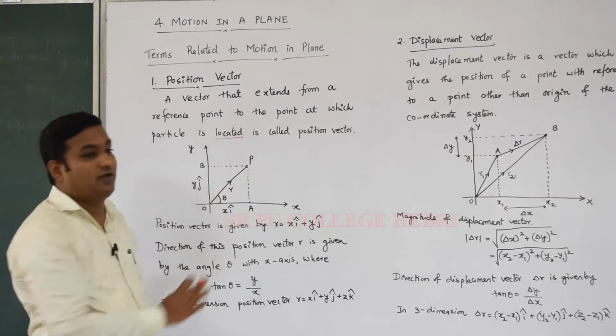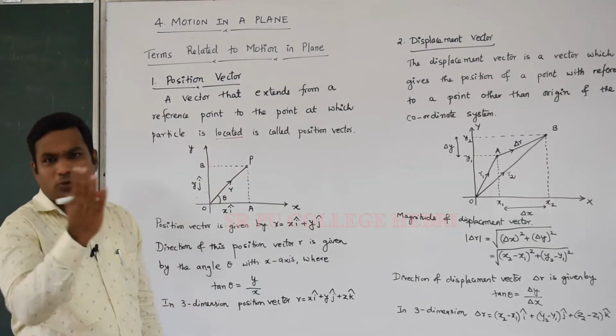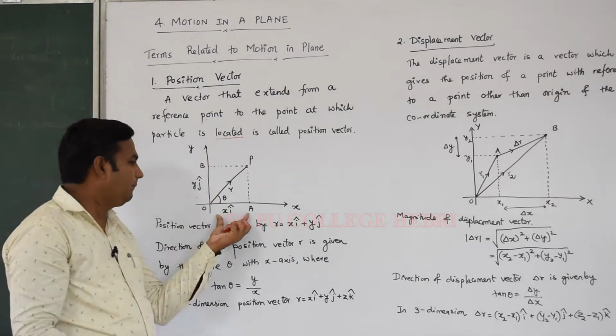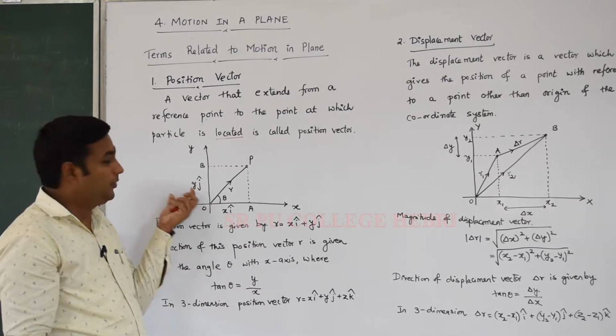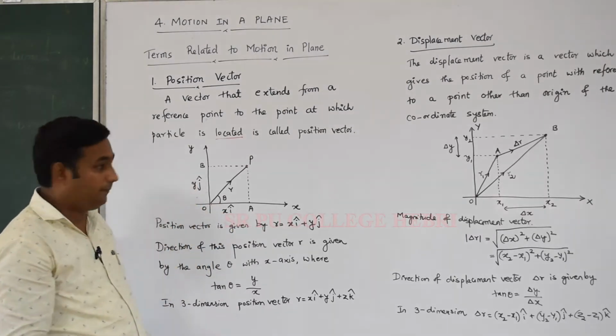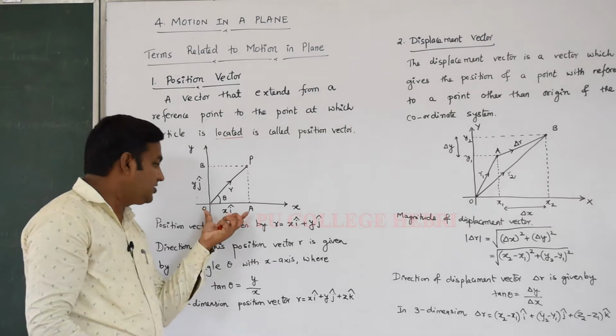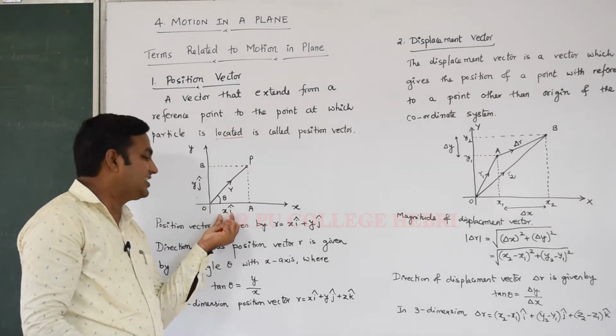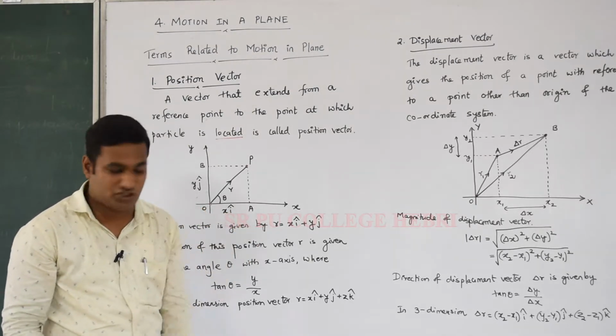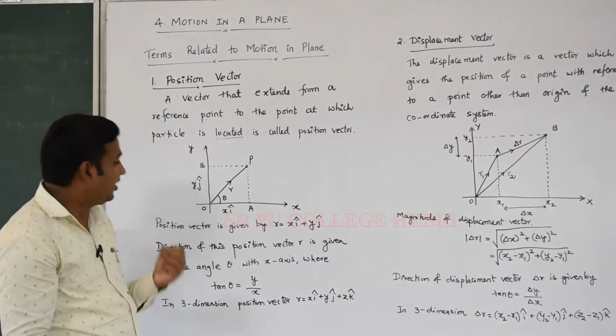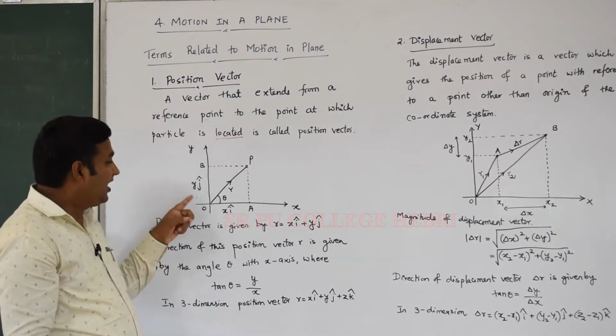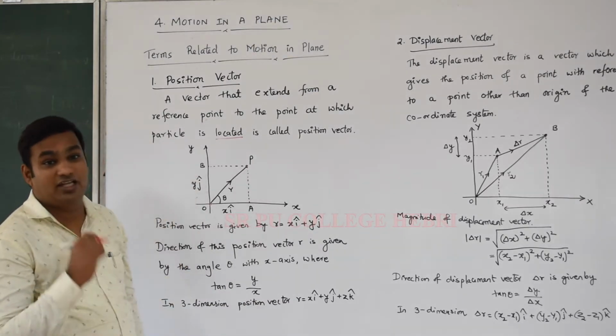Automatically this position vector is resolved into how many components? 2 components. One is the horizontal component and the other is the vertical component. We call them the x component and y component. The x component is OA, which we take as x into i cap, with the direction. The y component is y j cap, and again j cap is indicating the direction.